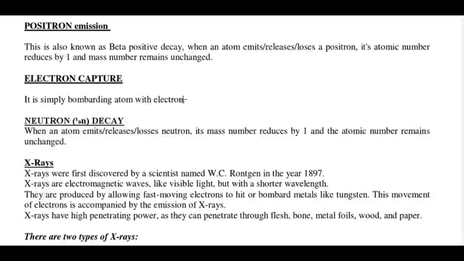Before we move to X-ray, let me give you an example of electron capture. Now, the whole idea of electron capture is that it's a type of radioactive decay in which an atomic nucleus captures an inner shell electron, usually from the K shell, and converts a proton into a neutron. And this process always results in a decrease in the atomic number of the element while keeping the mass number the same. Let's use beryllium as example.